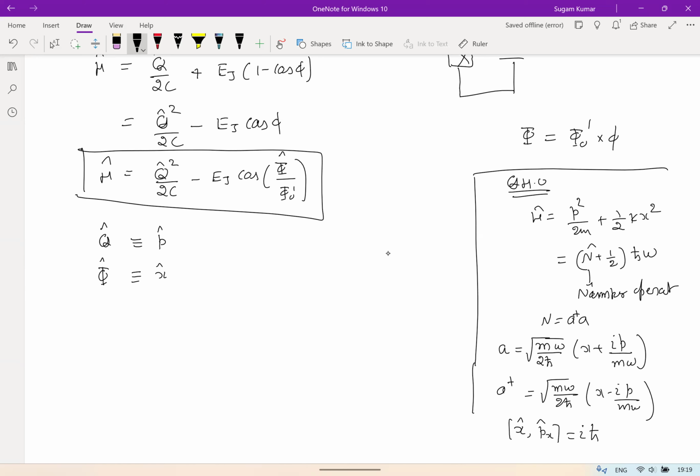The same logic you can apply here as well, and you can see that the commutation relation between phi and Q is going to be iota h cut. So these are nothing but conjugate variables, same like X and P.